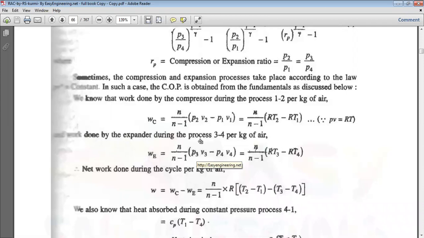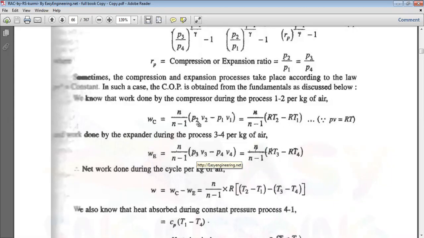For work input, write final condition minus initial condition, whereas for work output, initial minus final. Therefore, WC, the work input to the compressor, is n by n minus 1 into P2 V2 minus P1 V1. Output condition is P2 V2, input condition is P1 V1.